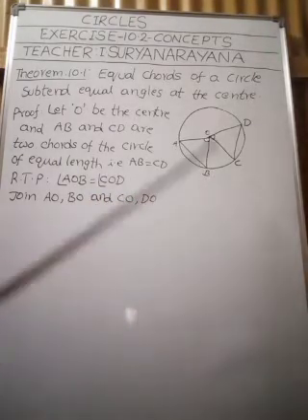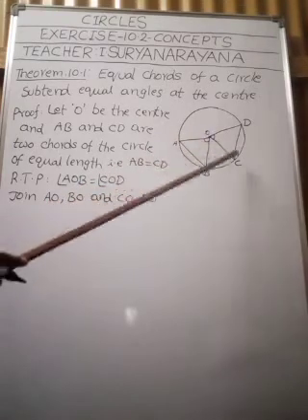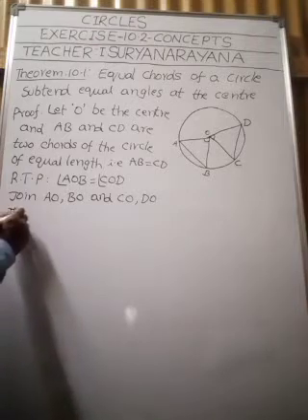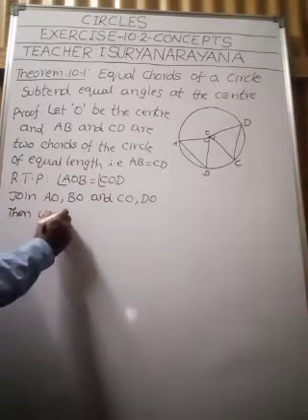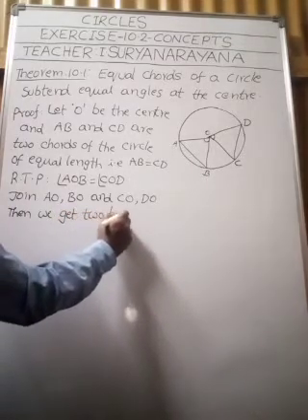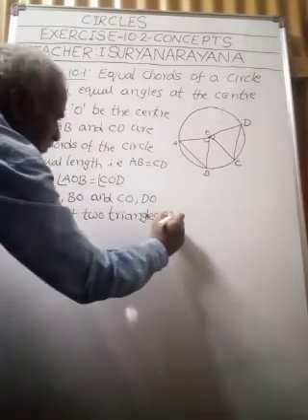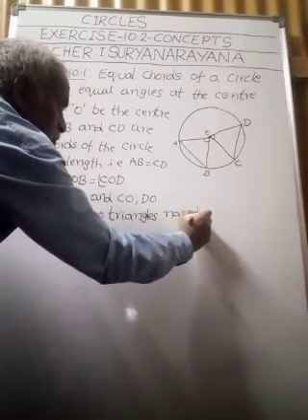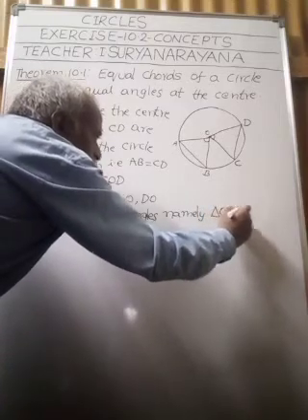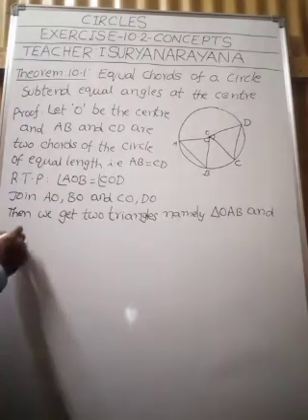Then we get two triangles, namely triangle OAB and triangle OCD.